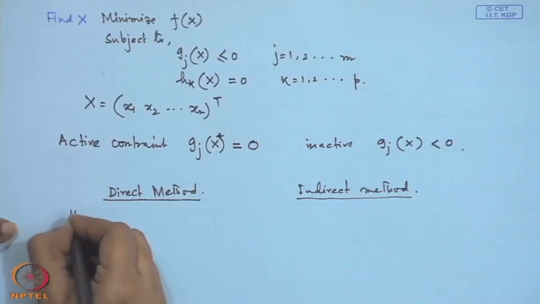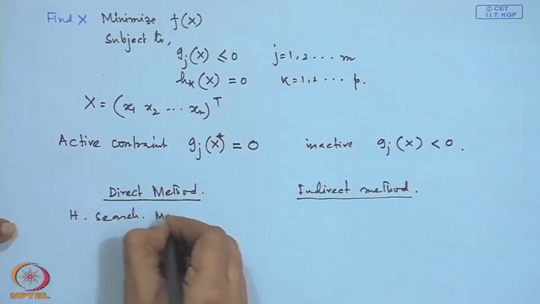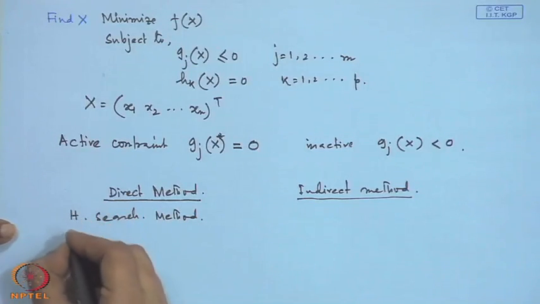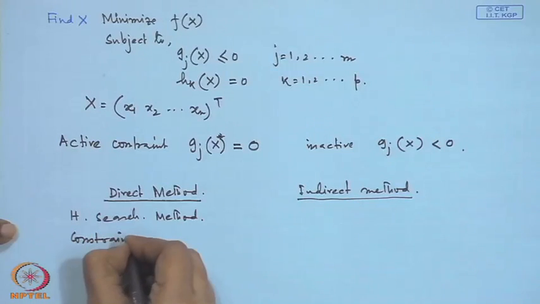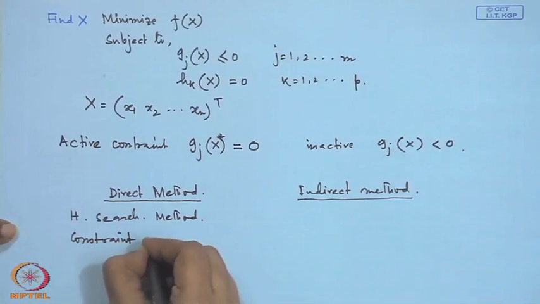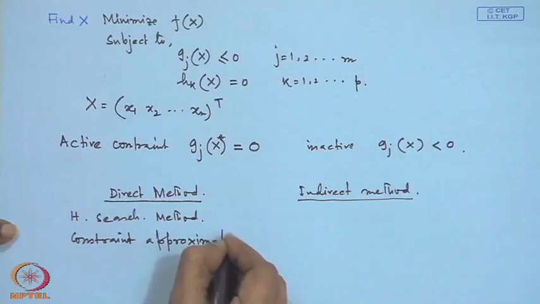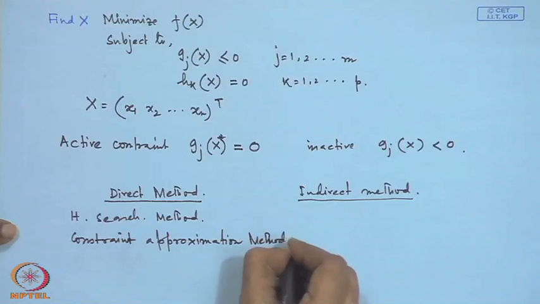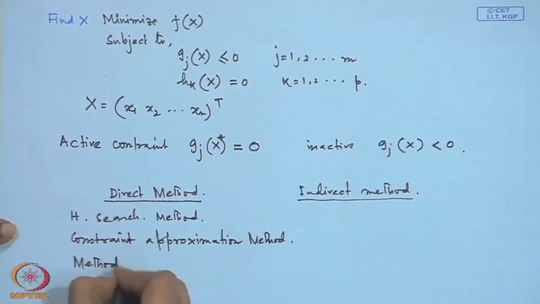One is the heuristic search method. A few of them I will discuss today. Constraint approximation method, that is the cutting plane method suggested by Kelley. And there is another set of methods, that is the methods of feasible directions.